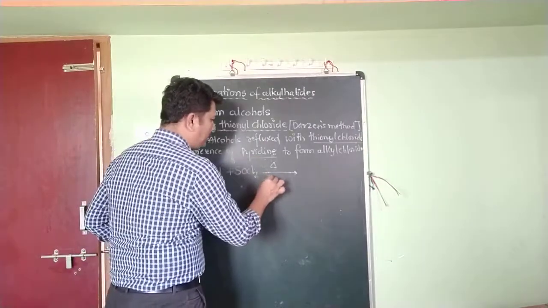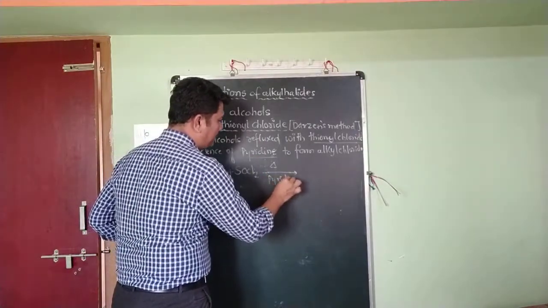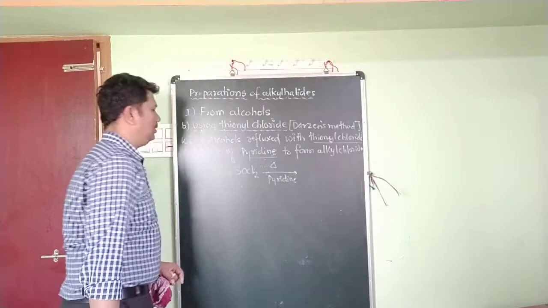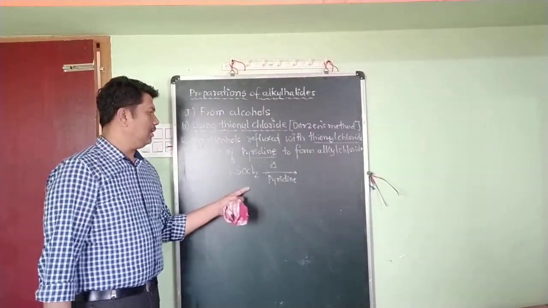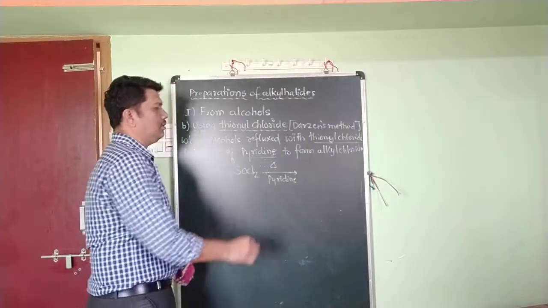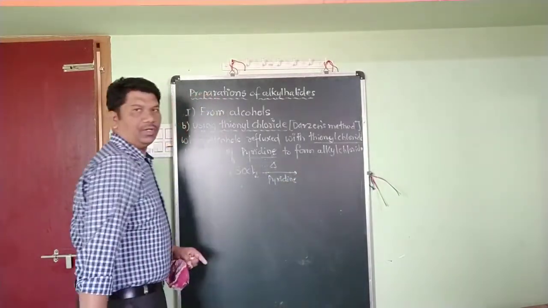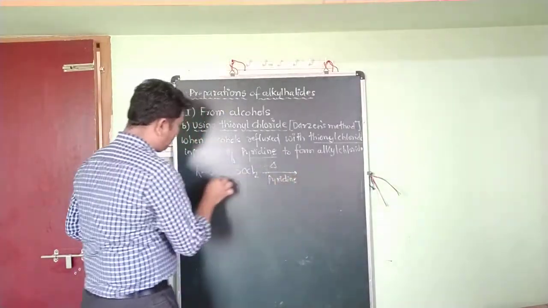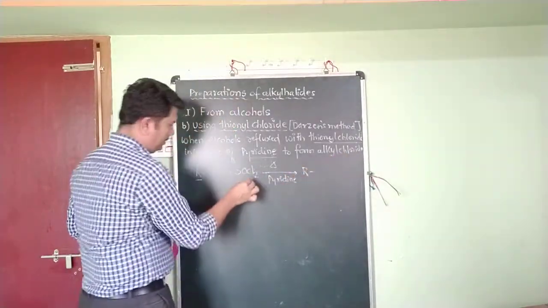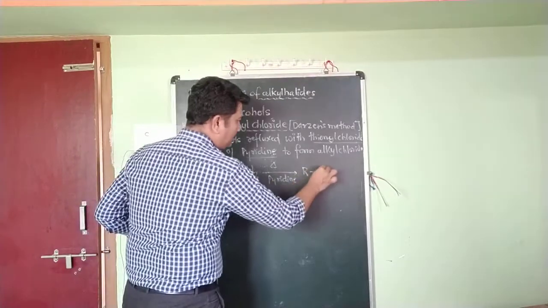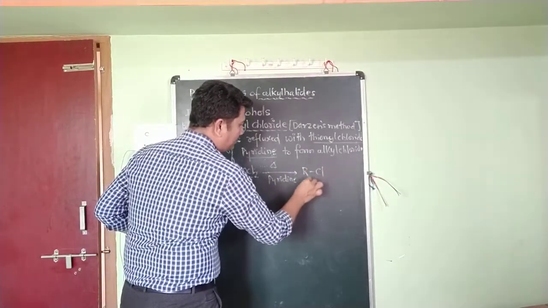In presence of pyridine, which is also an organic compound, alkyl chlorides are formed. R is alkyl, and Cl is one chlorine, so this is alkyl chloride.